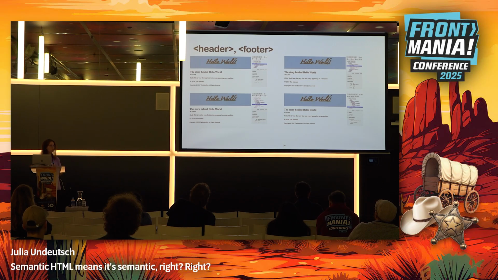Let's take a look at each case when the header and the footer are used as direct children of the body element or when they are used as inner children of card elements, or an article in our case.